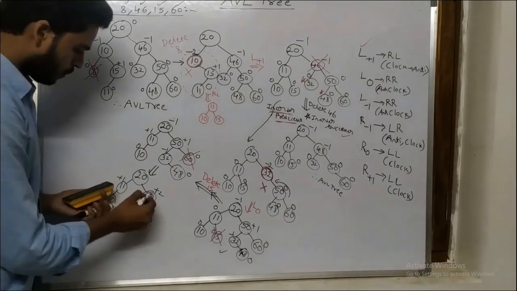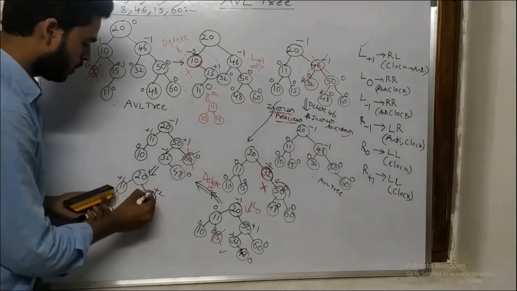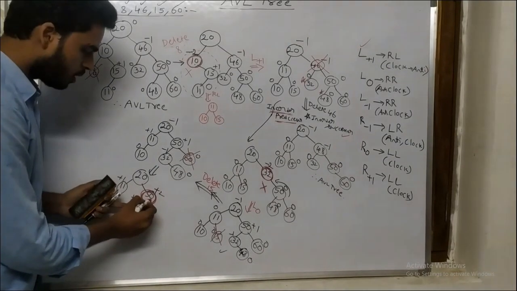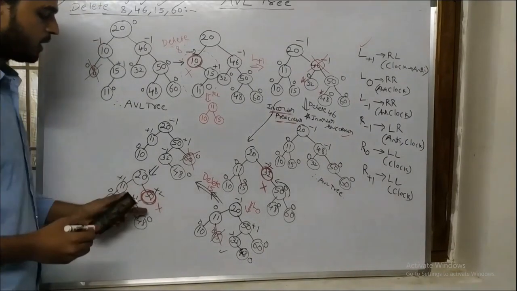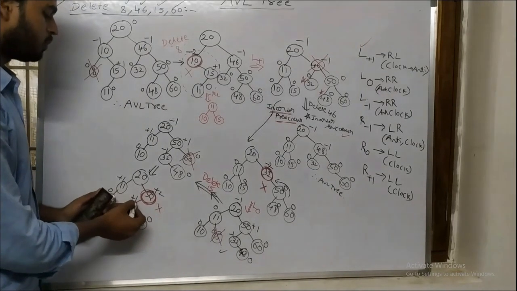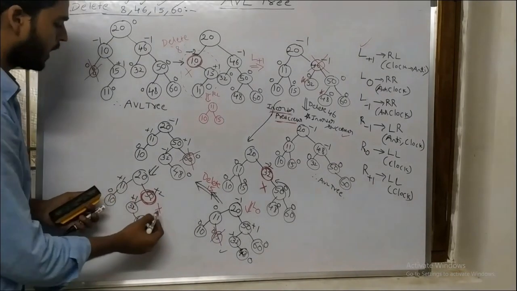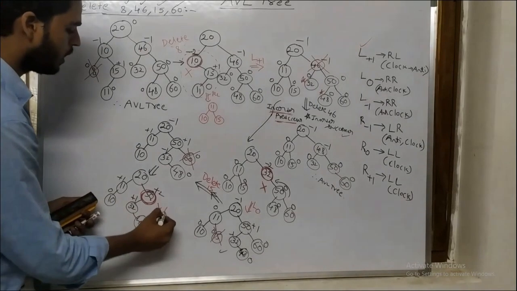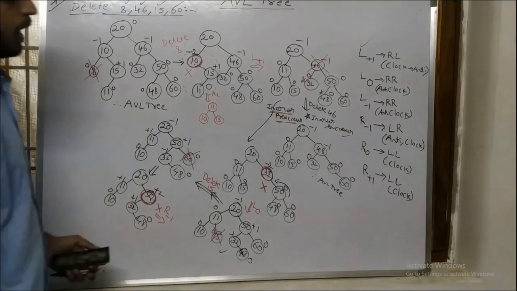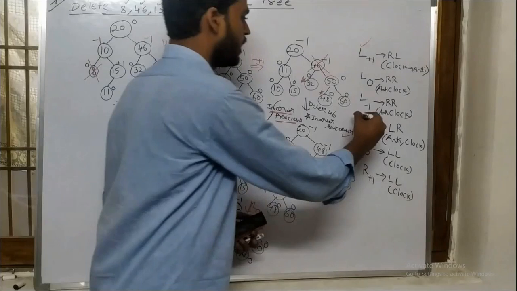This critical node occurred because of deleting a node on the right side of it, and whose left child's balance factor is plus 1. So I need to apply what kind of notation? R minus 1. R minus 1 means I need to apply the LR notation.